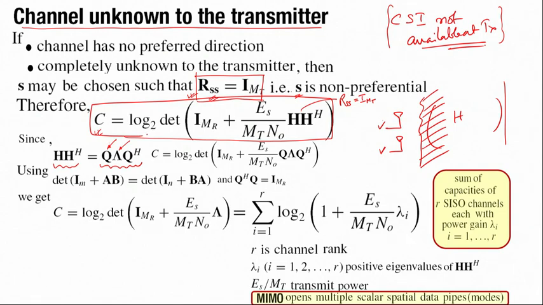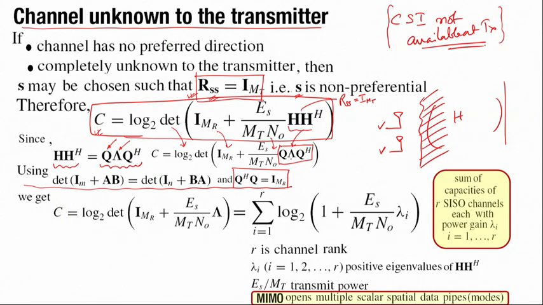So, now we can write the capacity as log determinant, that means, we have not changed this part. I_MR also remains as it is, Es by MT N naught remains as it is, and H Hermitian H gets replaced by Q lambda Q Hermitian, using an identity of determinant and also using the condition that Q Hermitian Q equals I_MR.